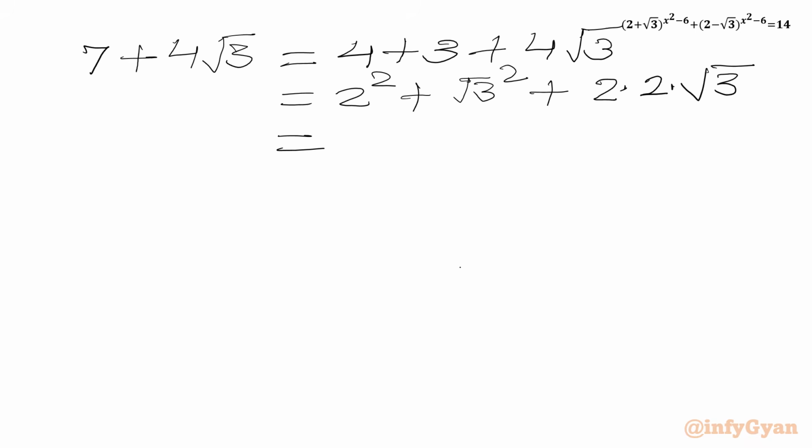So if I consider 2 as a, root 3 as b, then this is a square plus b square plus 2ab, which will be equal to 2 plus root 3 whole square.